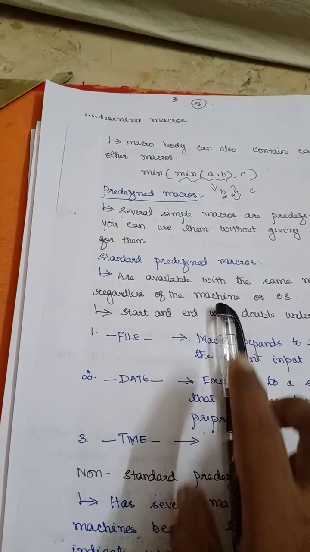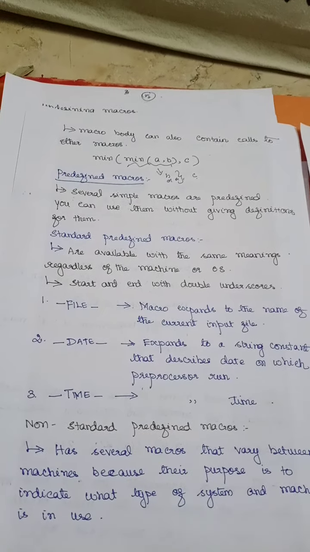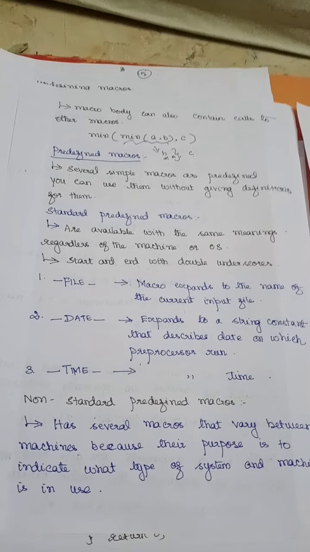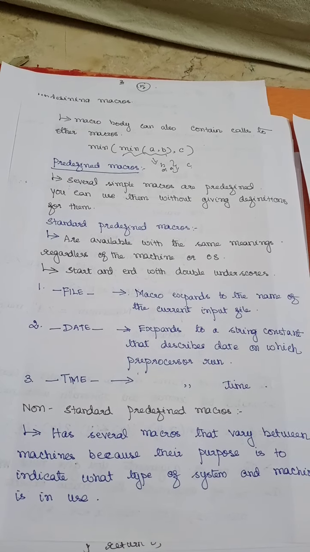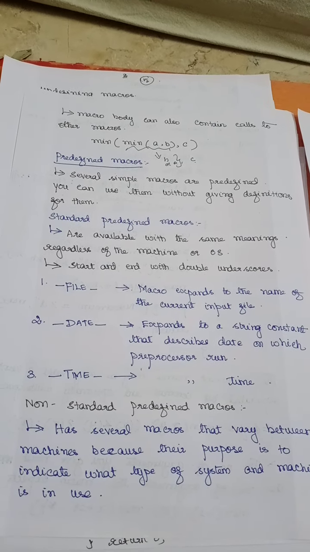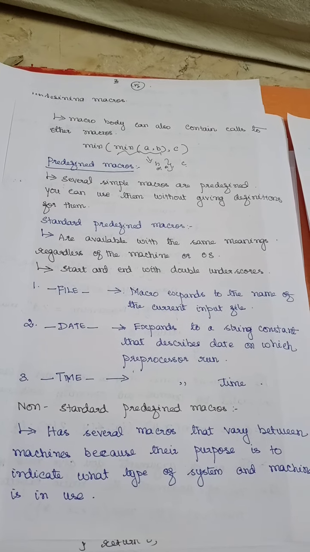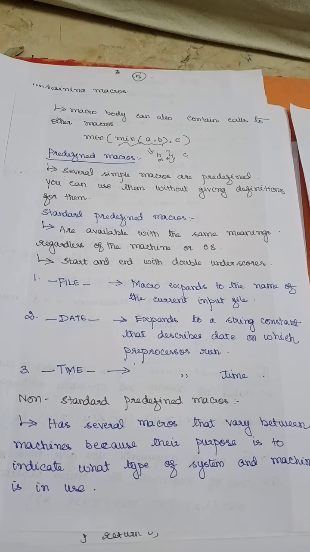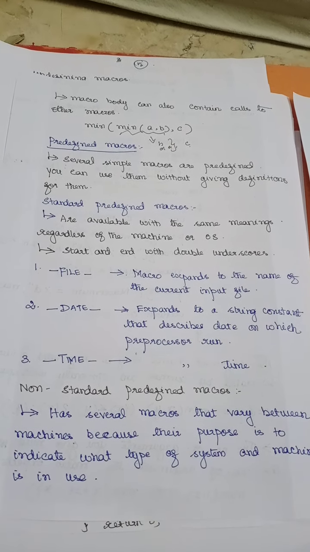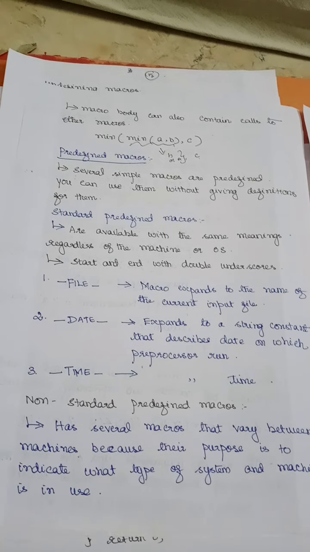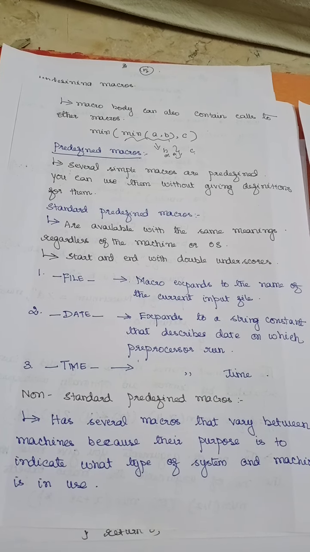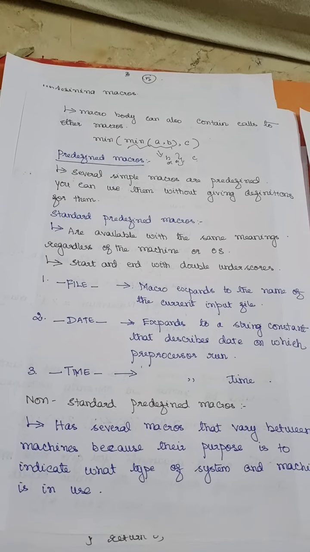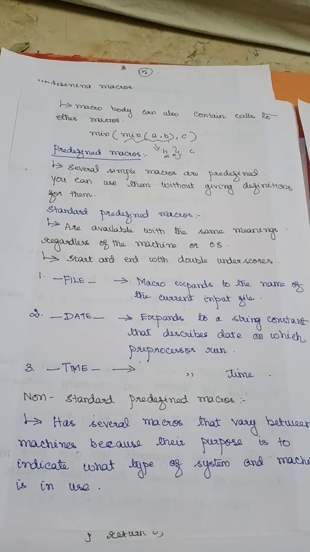Is that clear? Right. So predefined macros. Next we'll move on to predefined macros. Till now we have seen how to include a file and how to define a normal macro, right? The next one is you have some default macros available. Under that you have standard predefined macros and non-standard predefined macros. Standard predefined macros means they are available with some predefined meaning and are common for all the platforms.